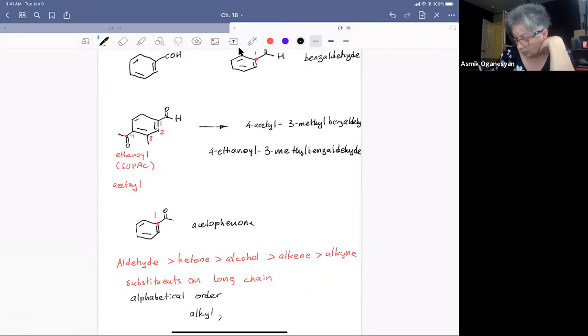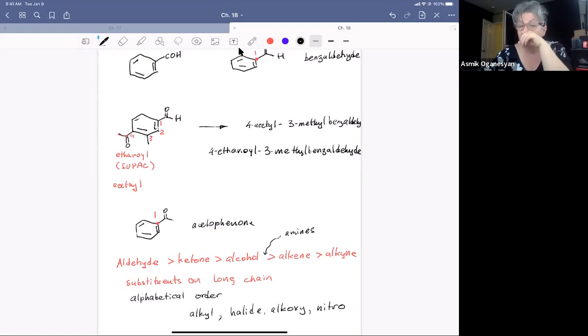And then halide, alkoxy, and nitro. We have not covered yet the amines. We will be covering them right after aldehydes and ketones. But if we were to put them there, amines will be coming after your alcohol.